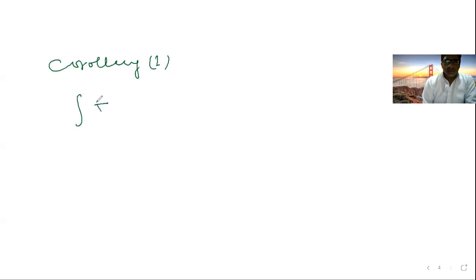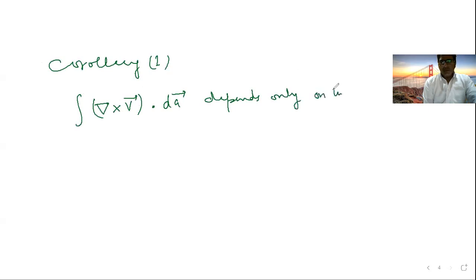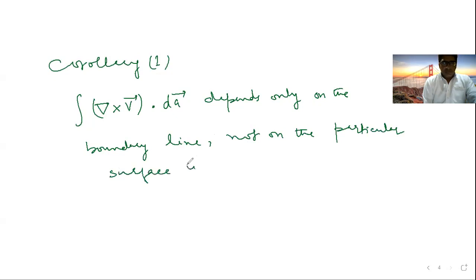A corollary is a byproduct of a theorem. The first corollary: the surface integral of the curl of a vector field depends only on the boundary line, that is the perimeter, not on the particular surface used.